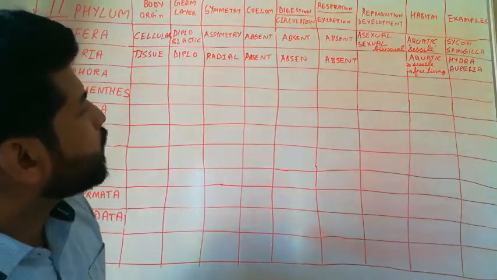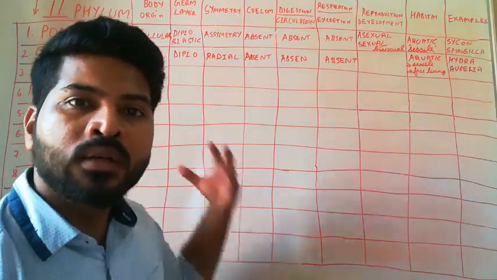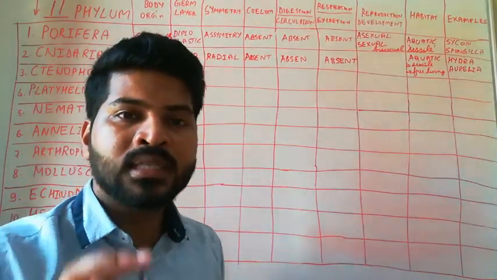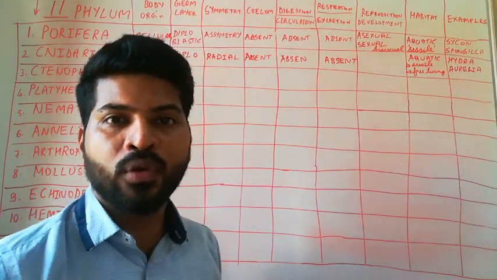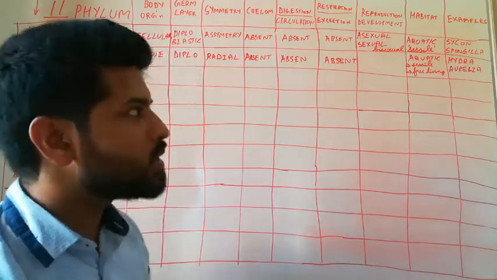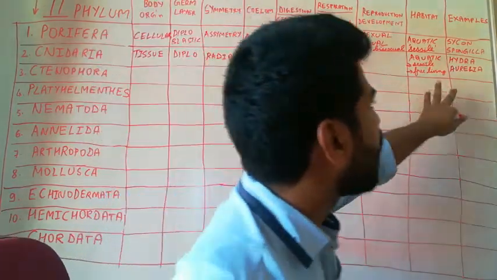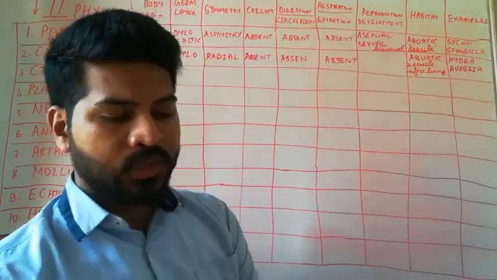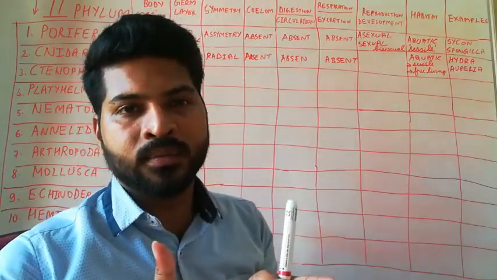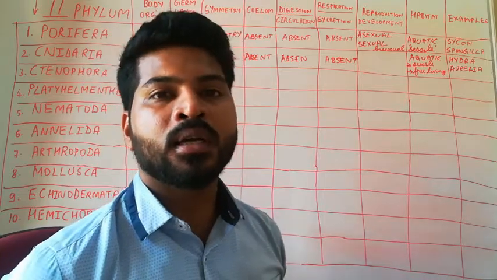Now, when it comes to the body form of the Cnidaria or Coelenterata, these exhibit two types of body forms, polyp and medusa. The example for the polyp form is Hydra. The polyp body form is cylindrical, as you can see in the diagram of Adamsia, Hydra.